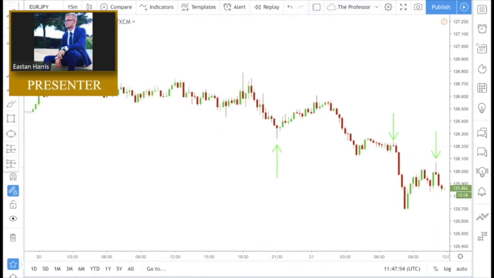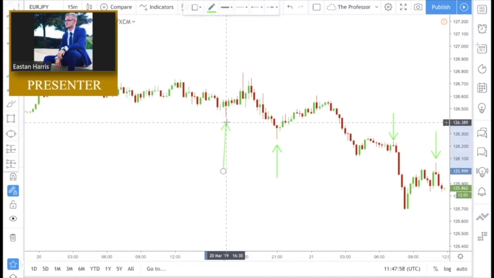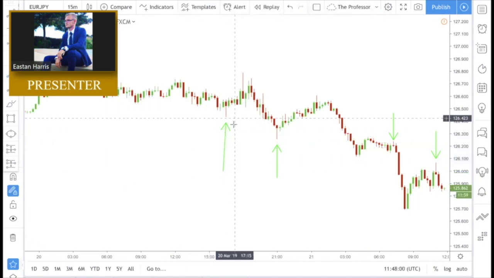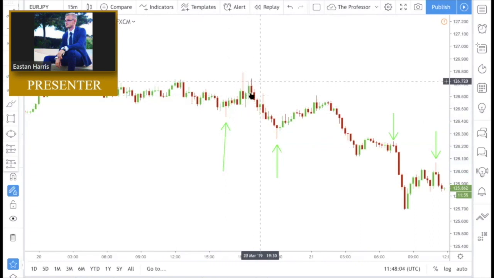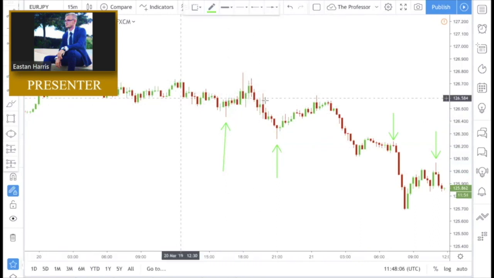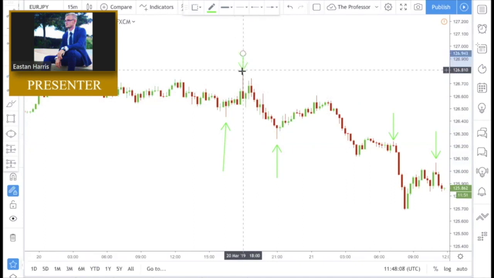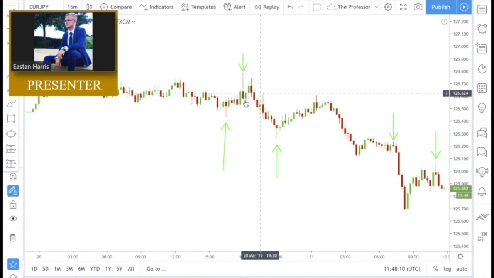Over here, we've got another exhaustion candlestick. Price exhausted up, and price continued to go up. Now here, this one has a little bit more force to it because the candle body is quite a bit bigger. But overall, once this printed, price made it to the downside.